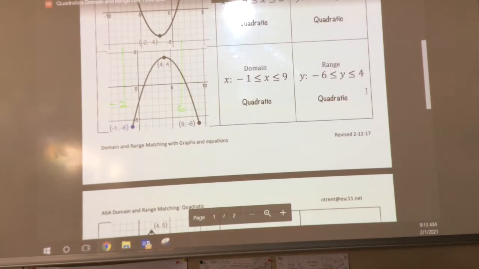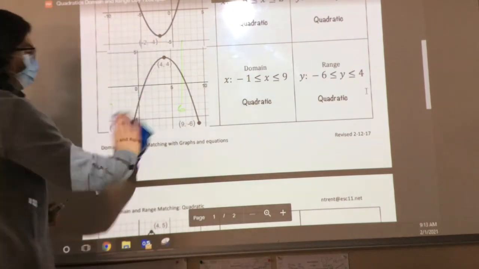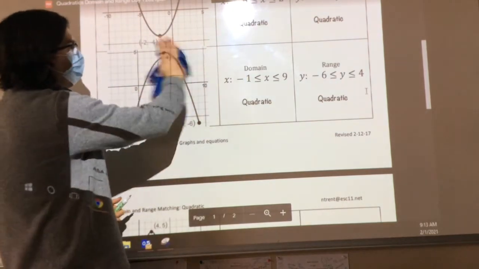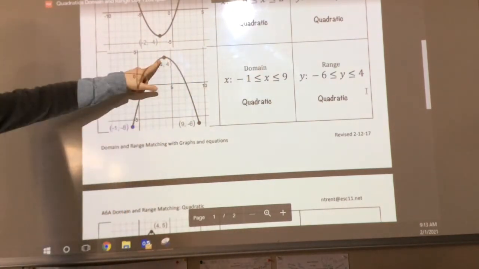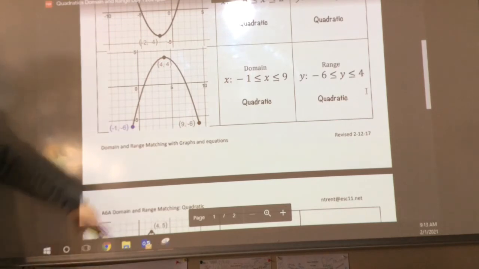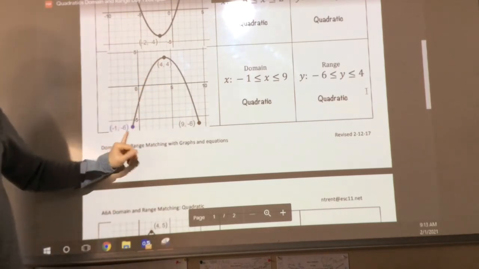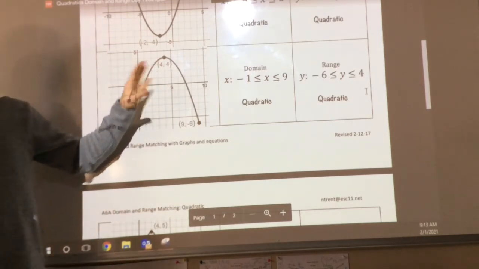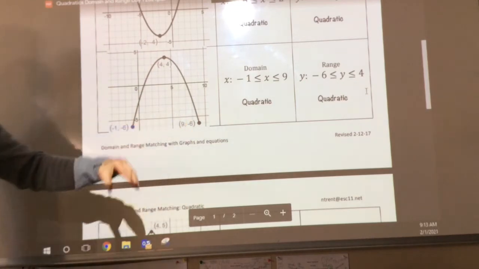Okay, so here we go. Now we have a parabola that is opening downward. A parabola that is now going down. Meaning that this point has to be a maximum because that's the highest point it could be. And therefore the A value has to be negative. Good. Okay, for my domain, again, nothing changes even though the parabola is facing down. It's still the same idea.